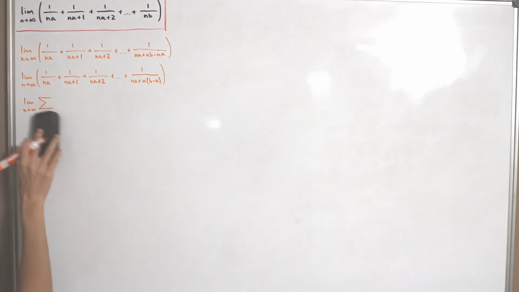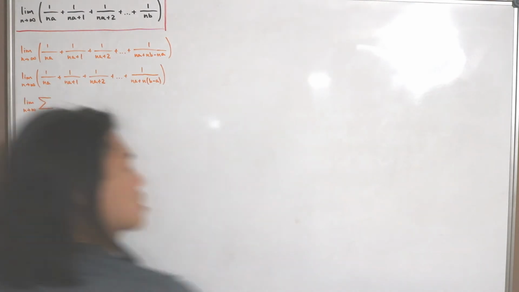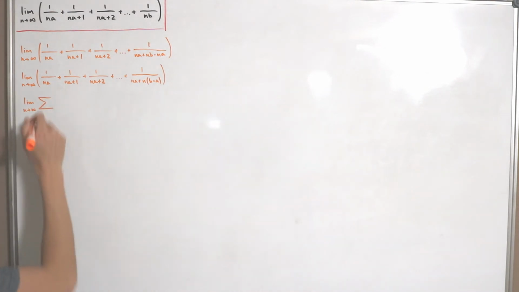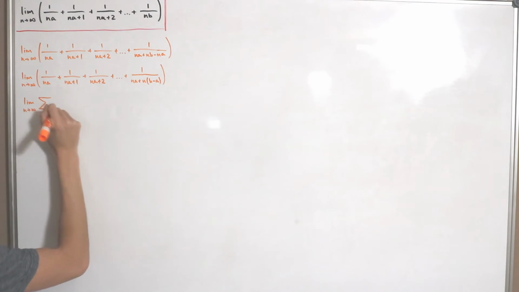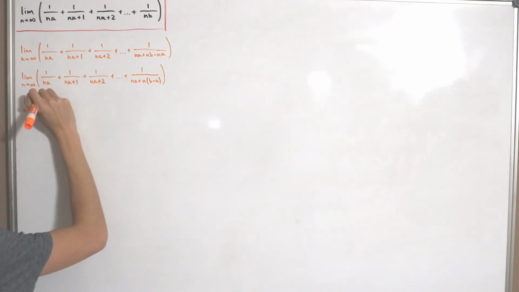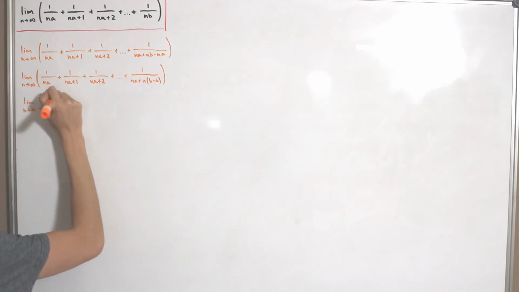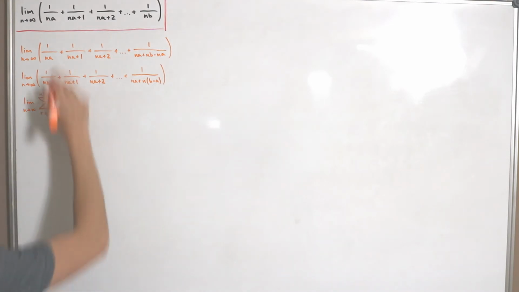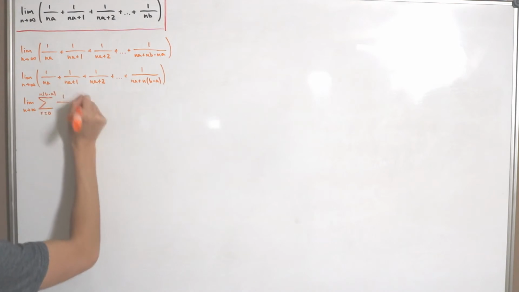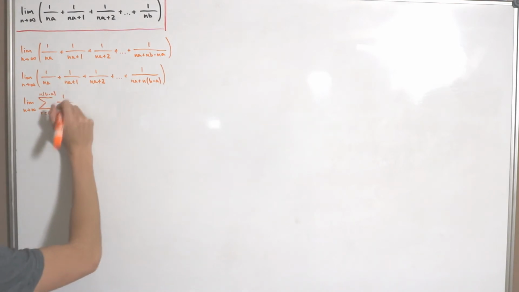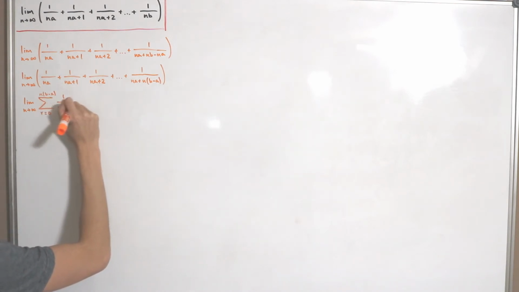We're not going to call it n equals 0, we're going to call it r equals 0. So our starting index is r equals 0, and our last index goes up to n times b minus a, with the term 1 divided by n times a plus r.